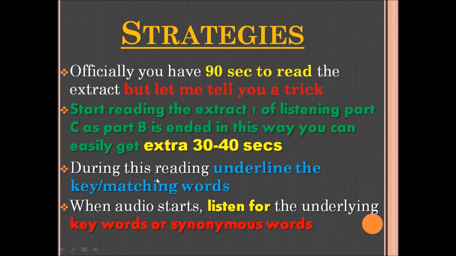During this reading, underline the key or matching words. So in the official 90 seconds and the 60 seconds you get from this trick, you can easily read the questions and answer options, and also underline the important words from the answer options.